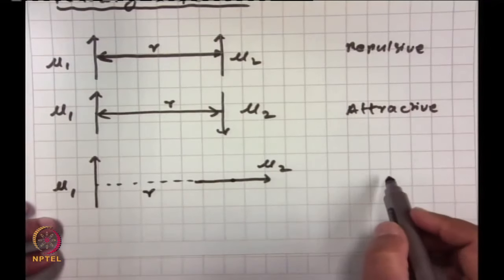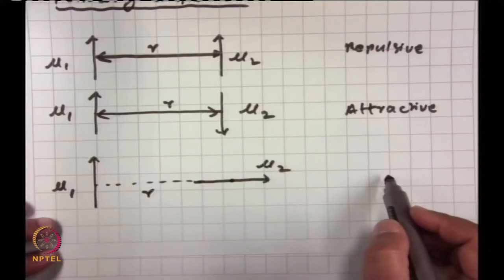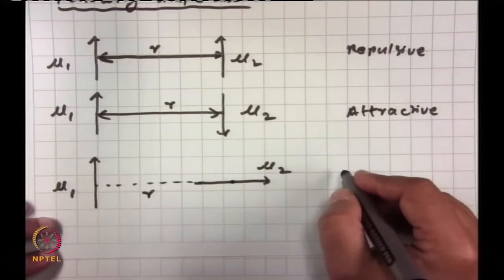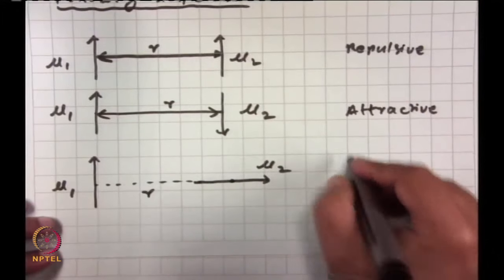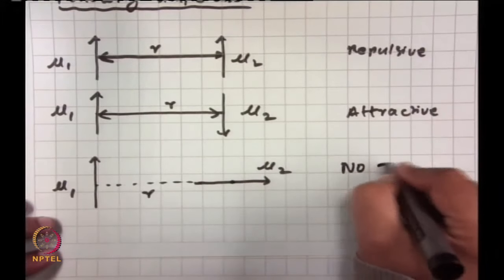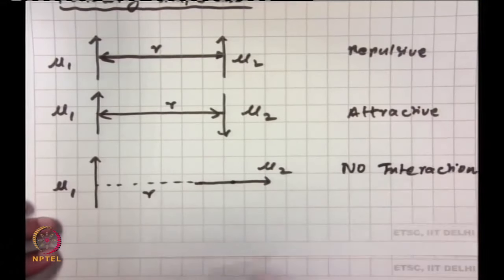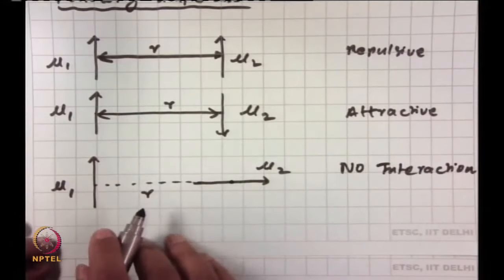Now here you have to tell me, would this be attractive or would this be repulsive? My hunch is, and this you have to figure out yourself, there would be no interaction. You understand why, right? There would be no interaction.